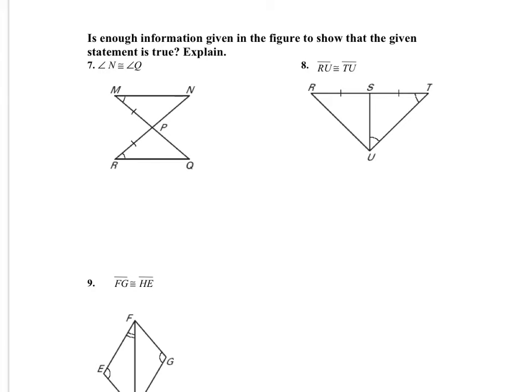So looking at these, is there enough information given in the figure to show that the statement is true? Again, what am I looking for? I'm looking for congruent triangles. Do they exist? Well, I have the bow tie, which is vertical angles, and I do see that I have angle, side, angle.